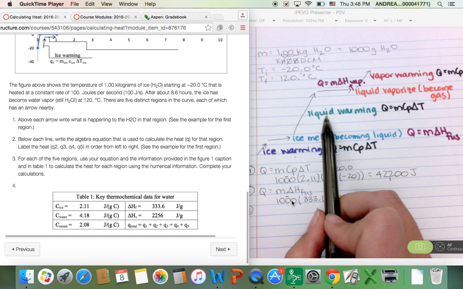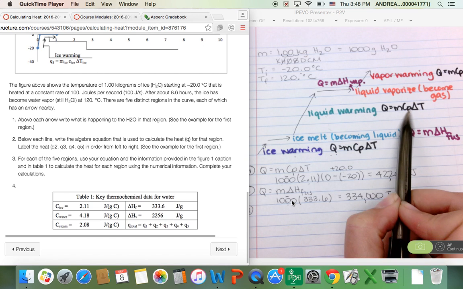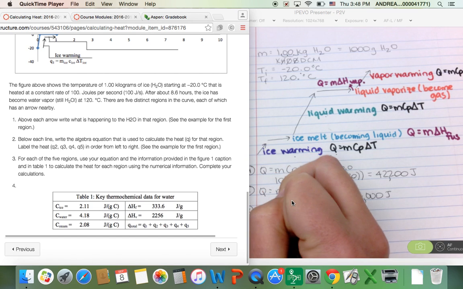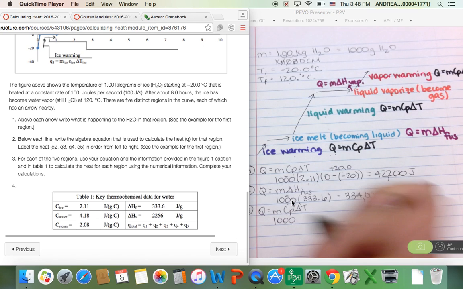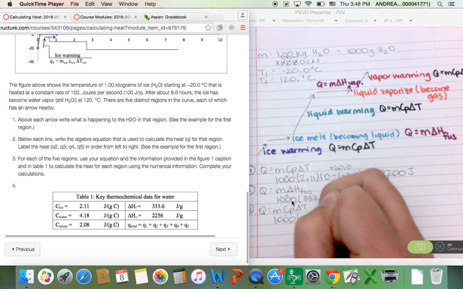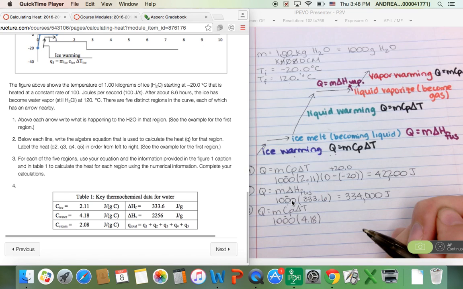For step 3, we're at liquid warming. So again we use Q equals M Cp delta T. The mass is still 1,000 grams. The Cp is 4.18 according to our table.